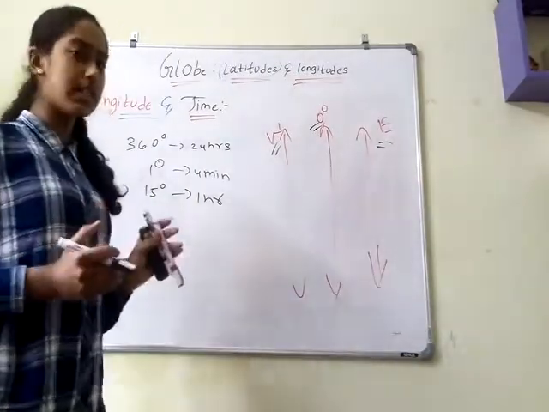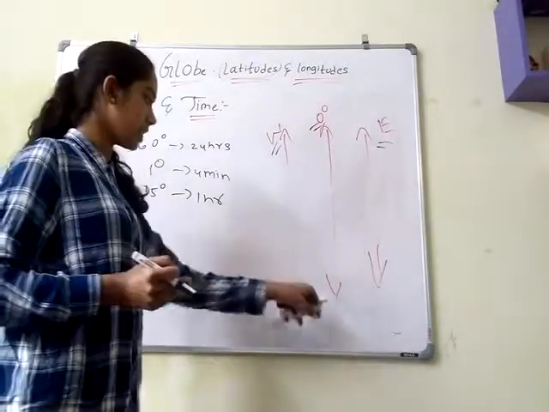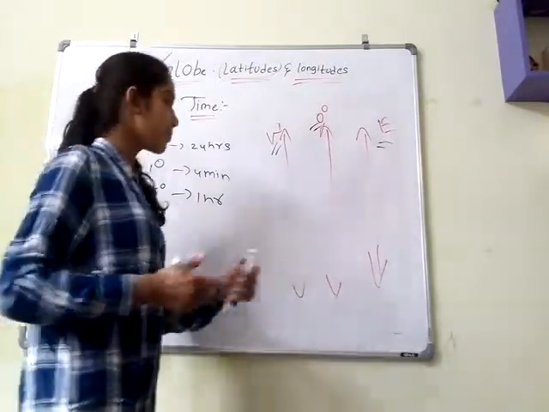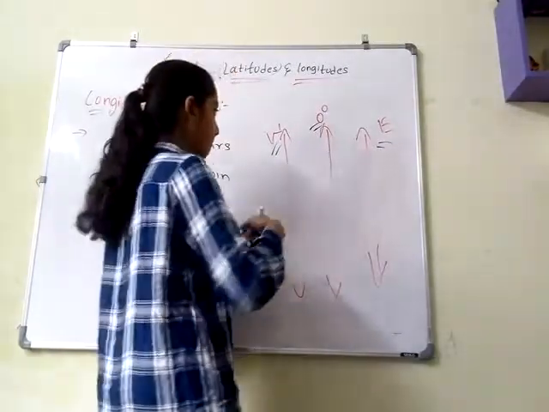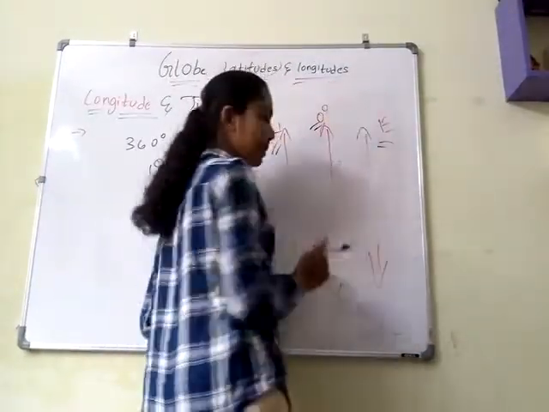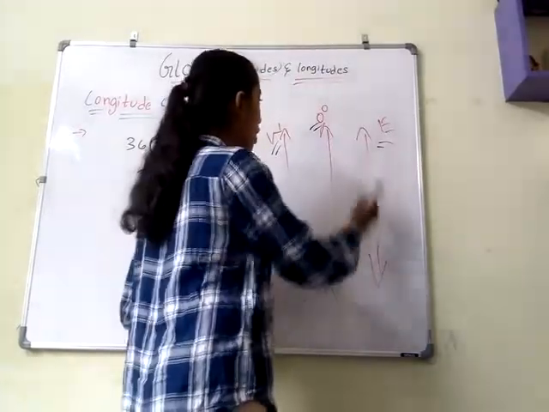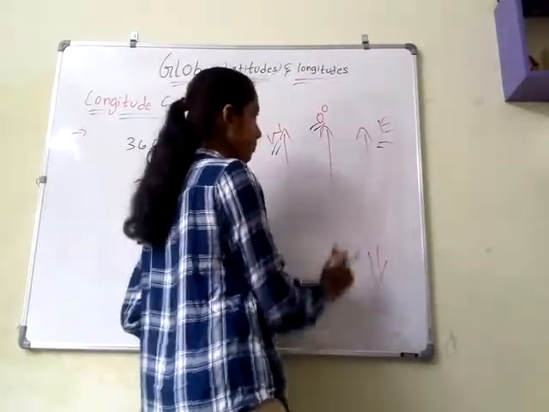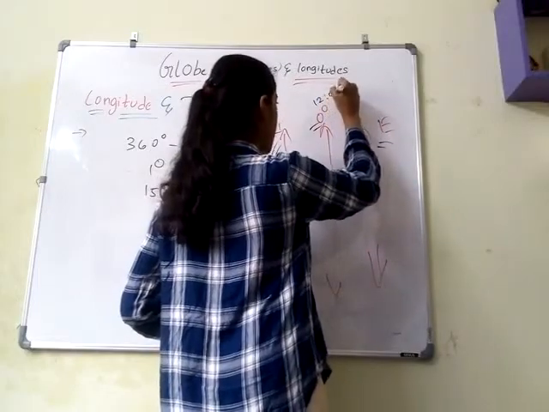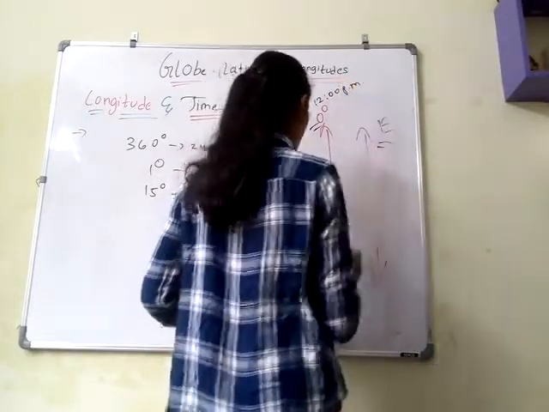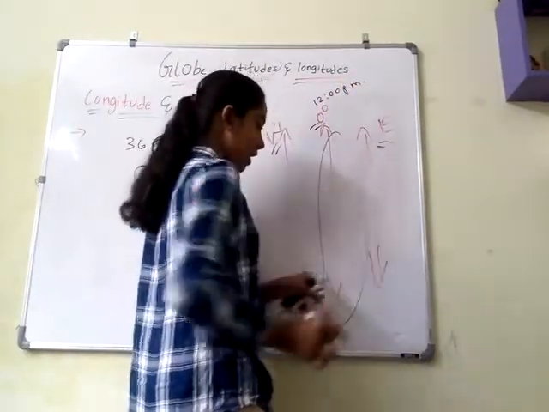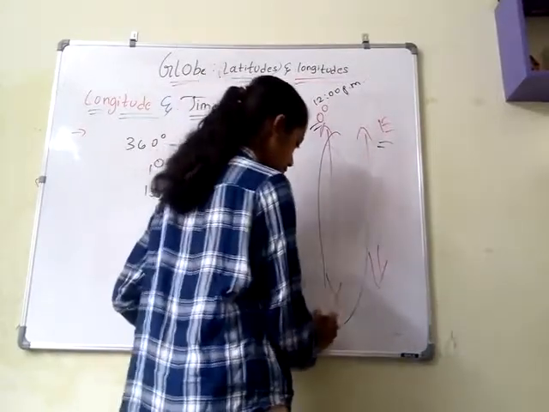When it is 12 noon at this Greenwich meridian, that is when it is 12 p.m., mid noon, when the sun is overhead on this prime meridian, all the places along this longitude will experience noon.